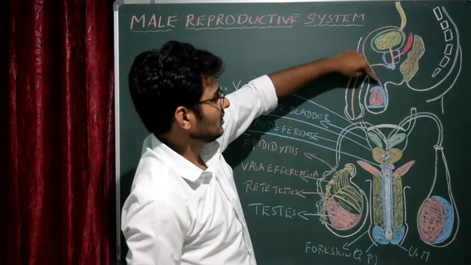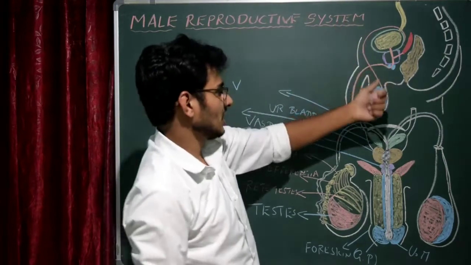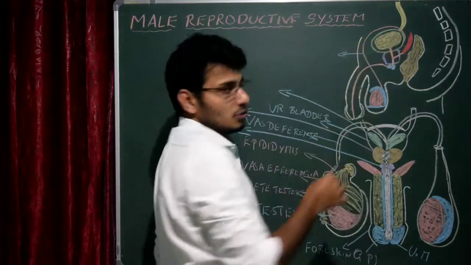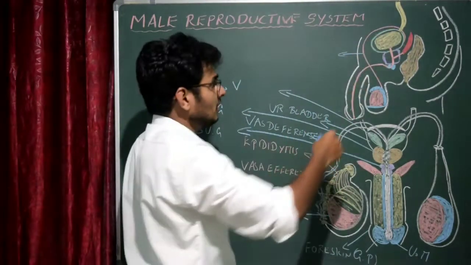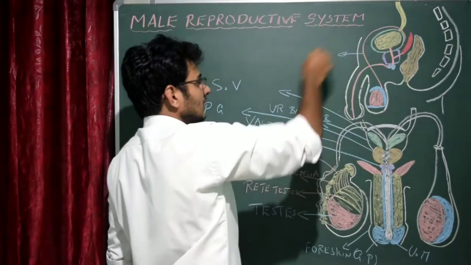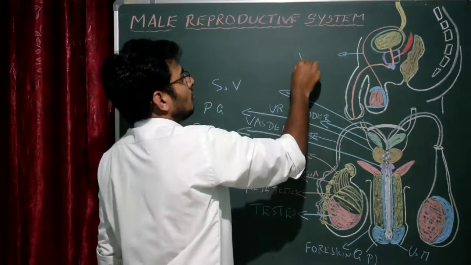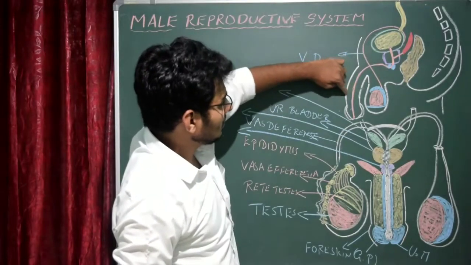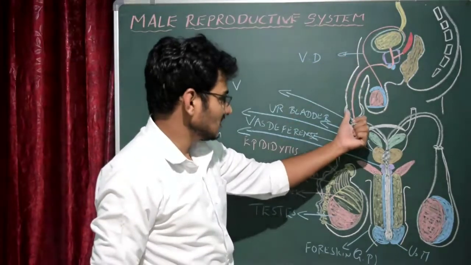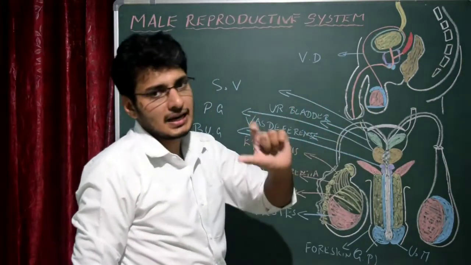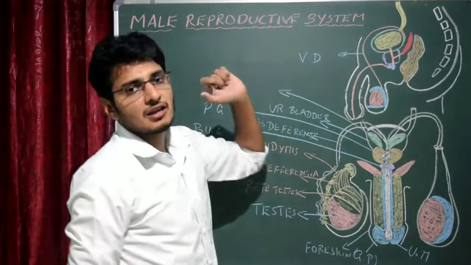The testis is there, and here the pipe system is not seen, but still you could see this pipe which opens into the urethra, not the urinary bladder, that is called the vas deferens. And this is the urethra, and this is the penis, correct. This is the glans penis, and the skin is called the foreskin, which covers the glans penis. That's all about the male reproductive system.